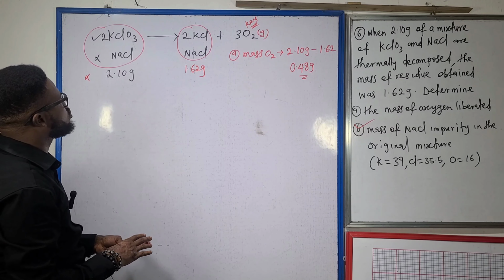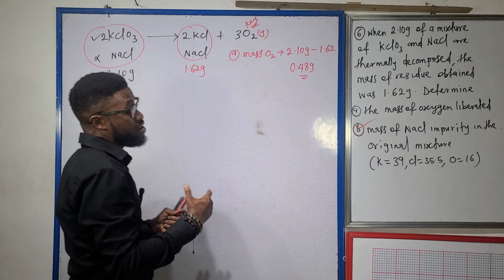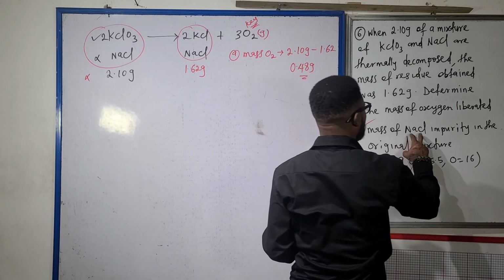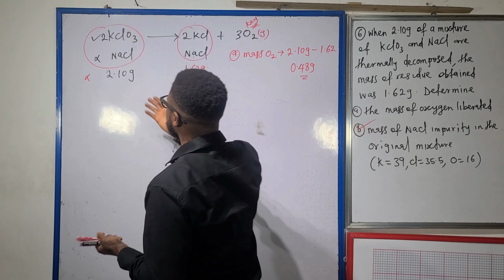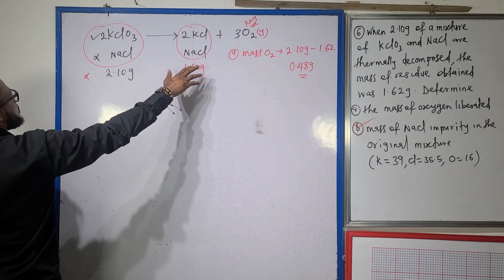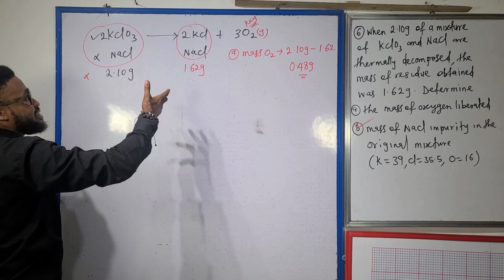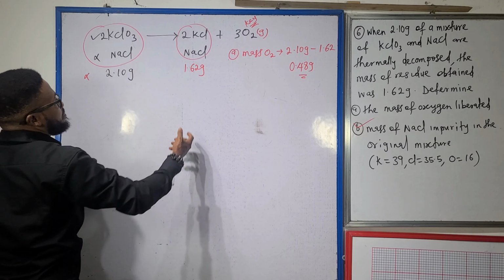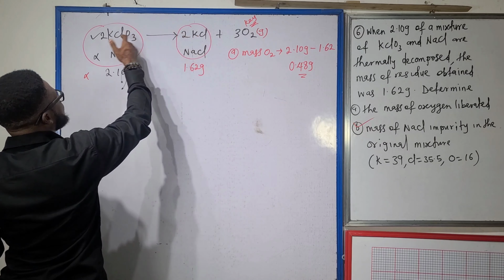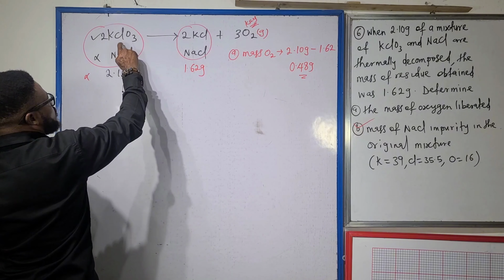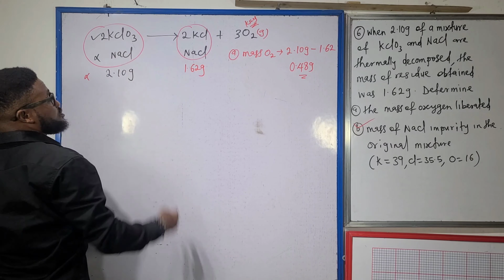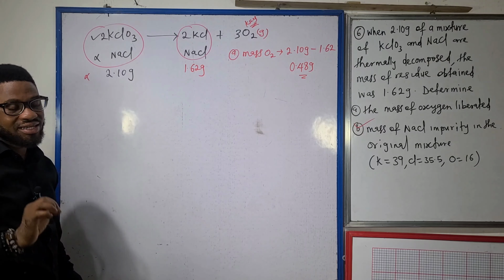So in order to do that, my focus should not be on the sodium chloride because the sodium chloride did not take part in the reaction. Rather, my focus should be on things that took part in the reaction, talking about potassium chlorate(V).